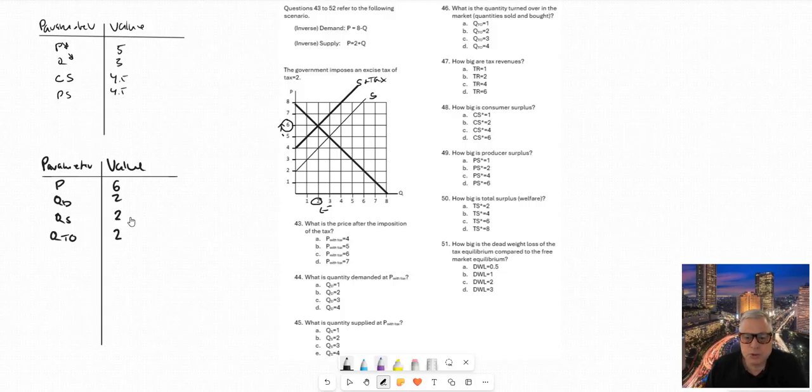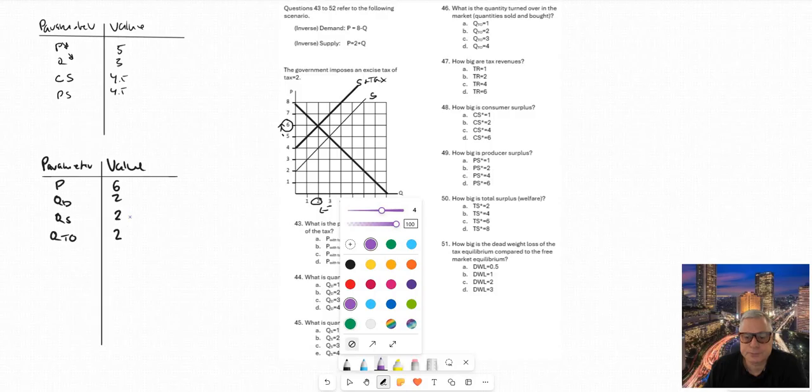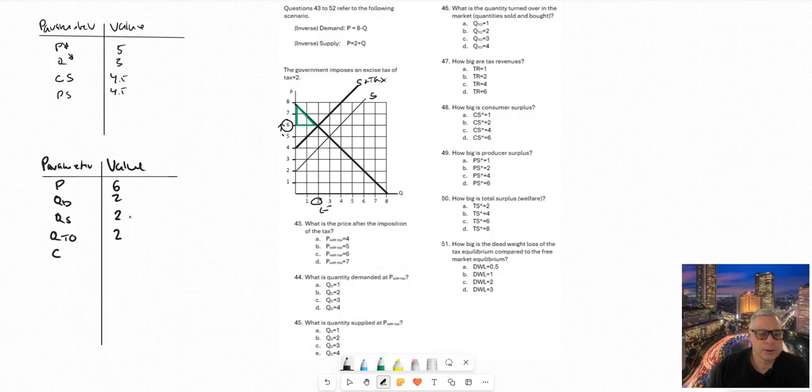So now consumer surplus is this little triangle up here, which is 2 times 2 over 2, so that's 2. Consumer surplus is 2.